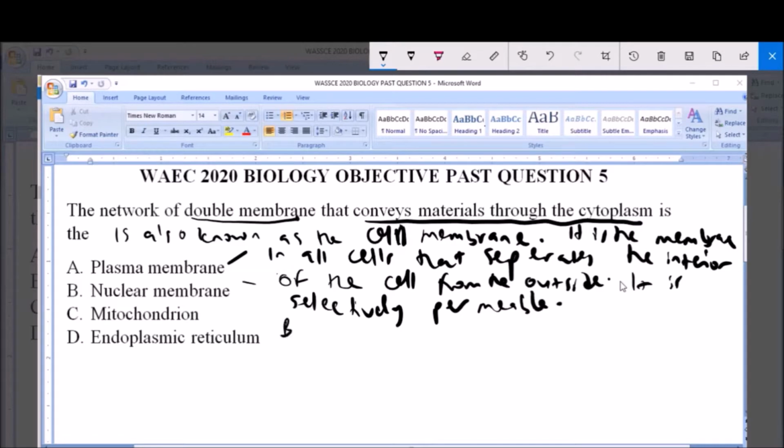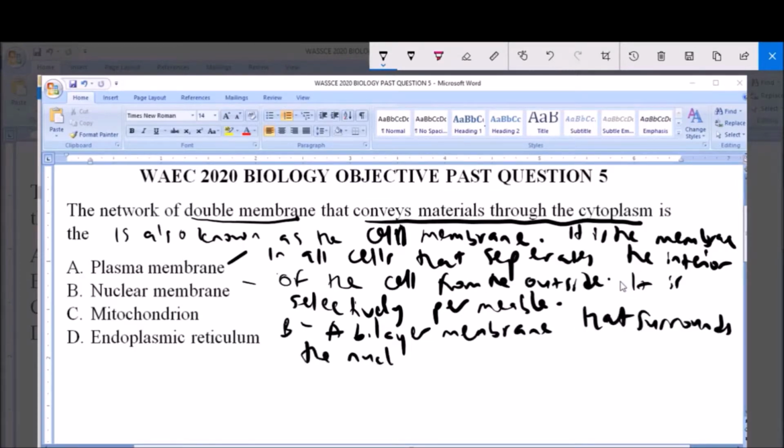Now option B, which is the nuclear membrane, is a bilayer membrane. Now it's a two-layer membrane that surrounds the nucleus in eukaryotic cells.